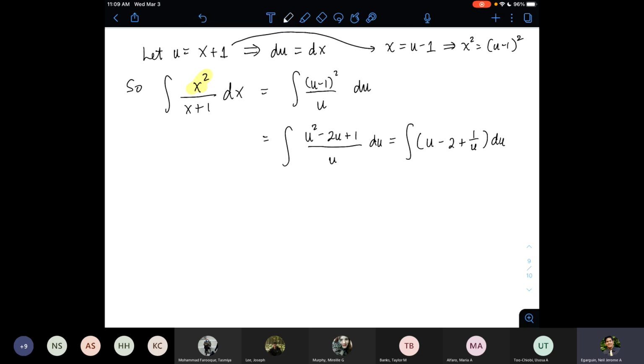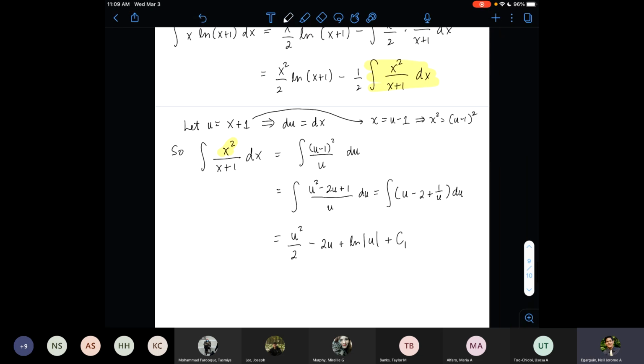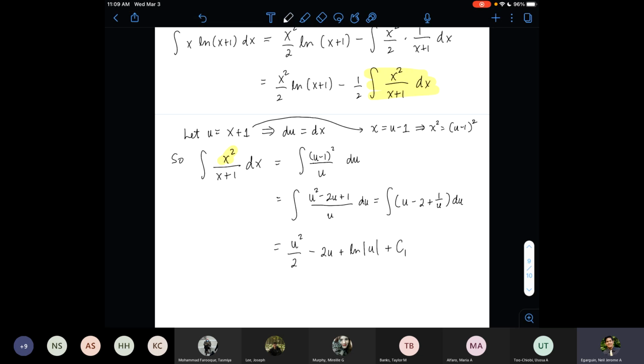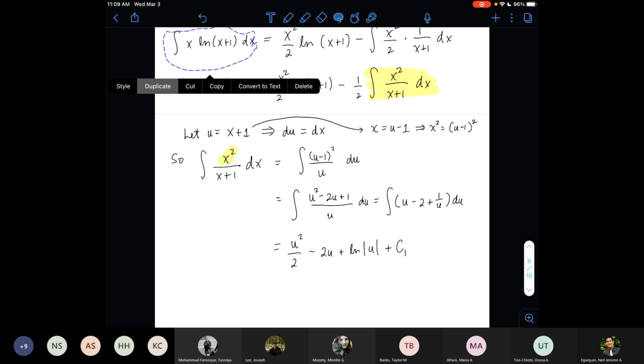And so if we integrate, this is u squared over 2 minus 2u plus ln of the absolute value of u plus the arbitrary constant. Let me call this C1. Okay. And then I'll plug this into this form we have here. Let me just copy these things over.